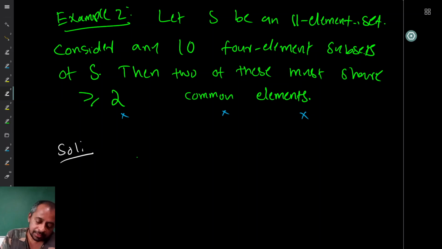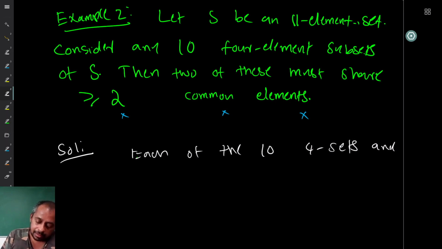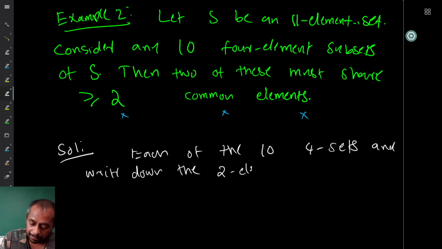So to do this, what I take is each of the 10 4 element subsets, and consider the 2 element subsets of each.